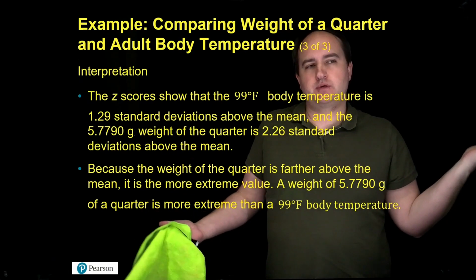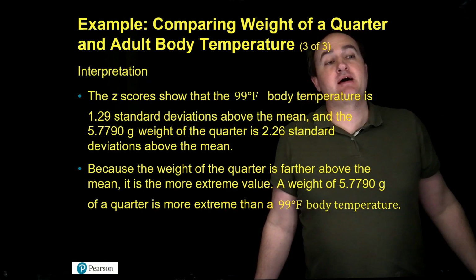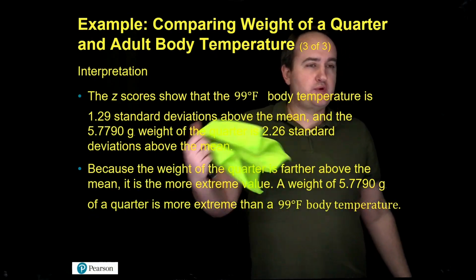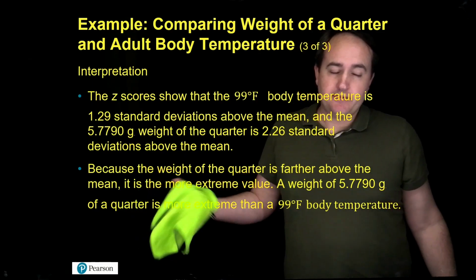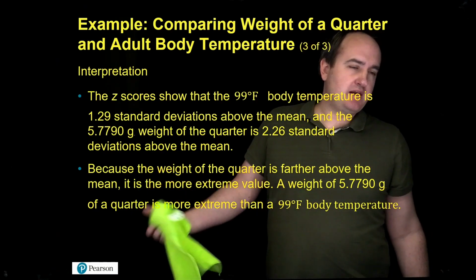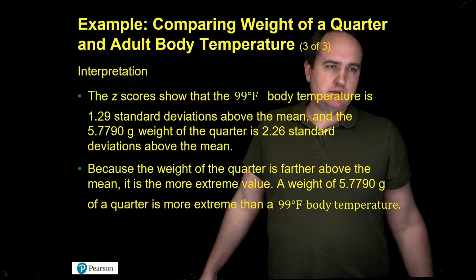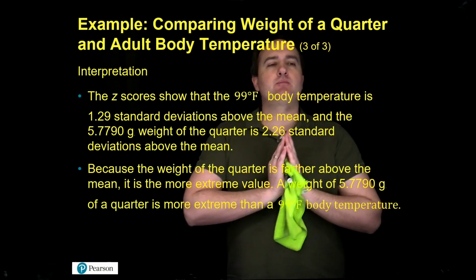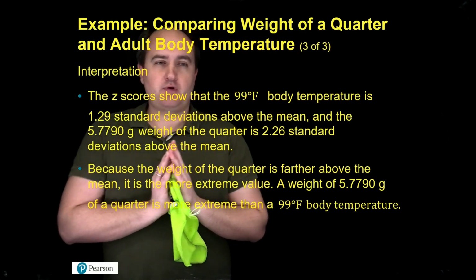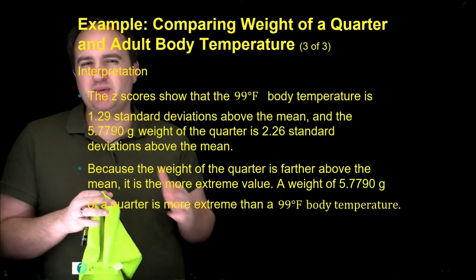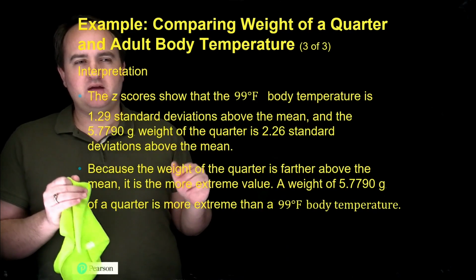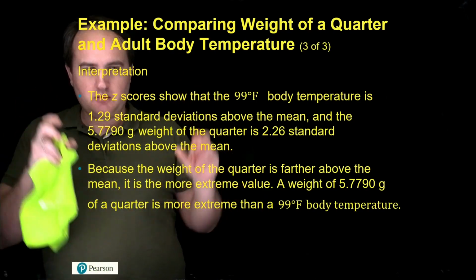So for example, if you have a z-score of negative 3.12, that would be more extreme than a z-score of negative 1.23. So it's whichever number is further away from 0, if that makes sense. So you can basically just ignore the negative and look at which number is bigger in magnitude.